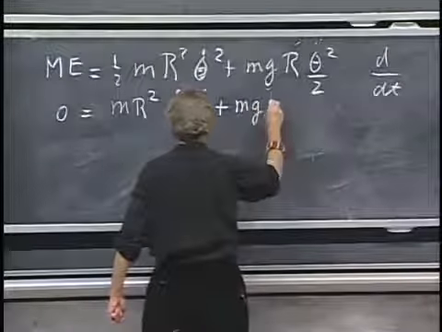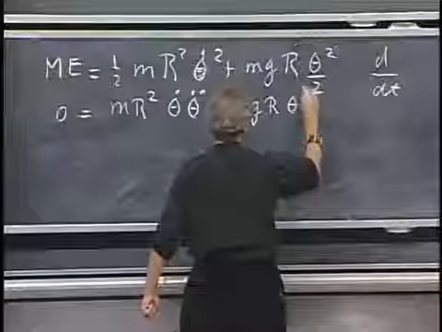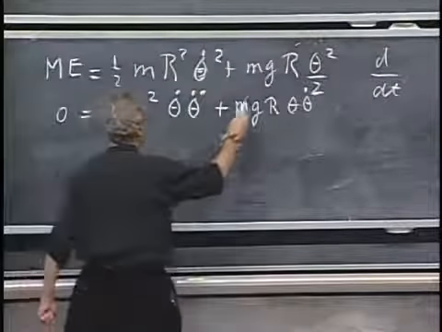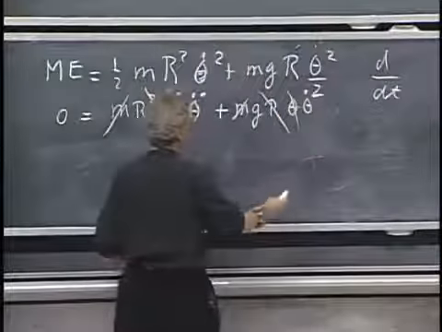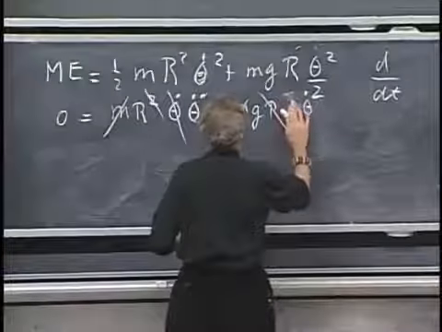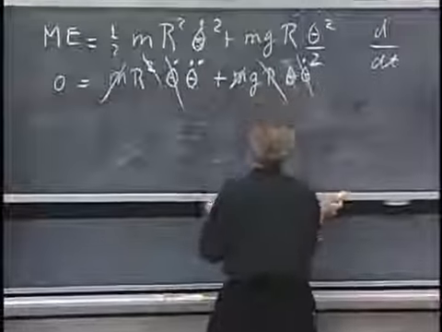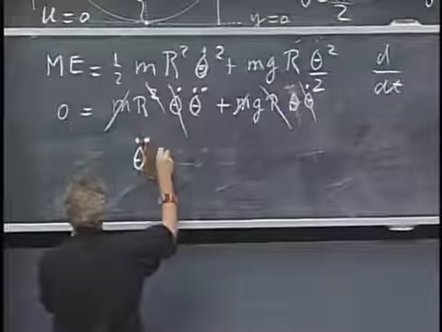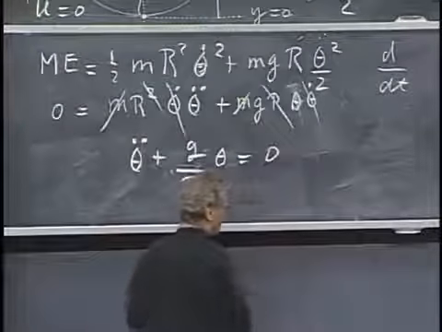So I get mgr, and then I get a theta, but the chain rule gives me a theta dot. I lose my m. I lose 1 r. I lose my theta dot, not the theta. And what do I find? That theta double dot plus g over r times theta equals 0.